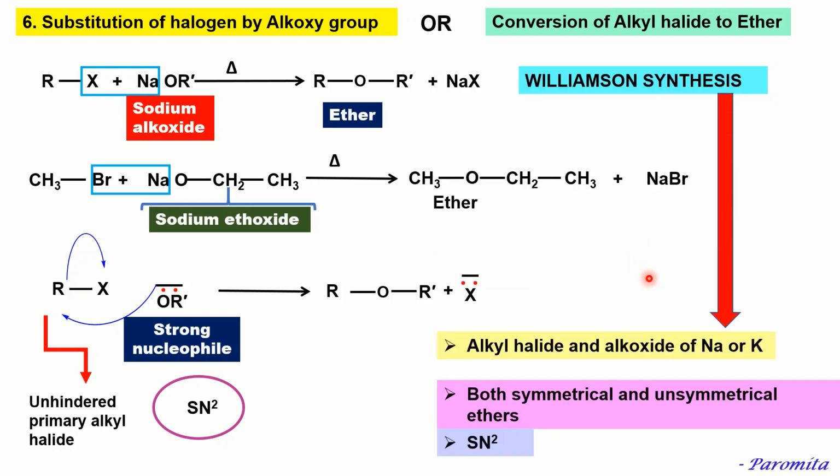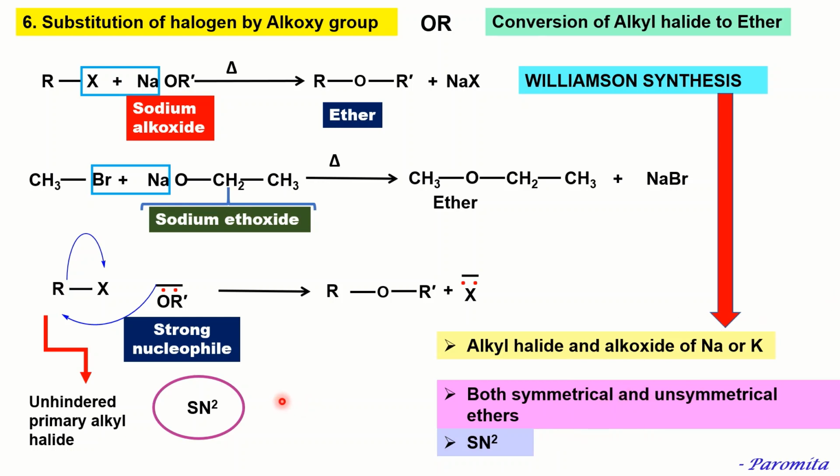Now let us discuss once again about this Williamson synthesis. Williamson synthesis involves the preparation of ether from alkyl halide and alkoxide of sodium or potassium. With the help of Williamson synthesis, we can prepare both symmetrical and unsymmetrical ethers.